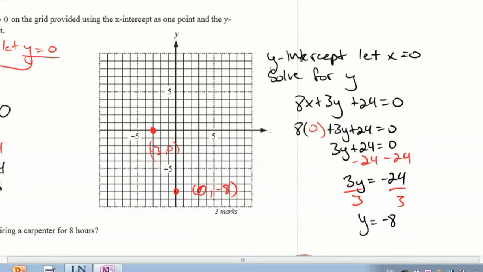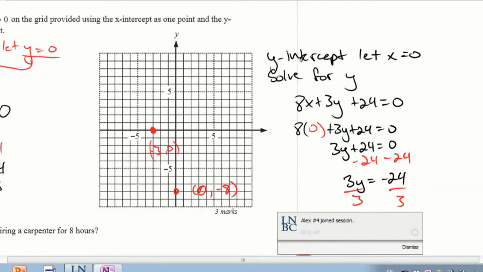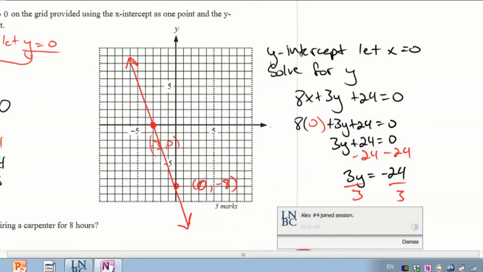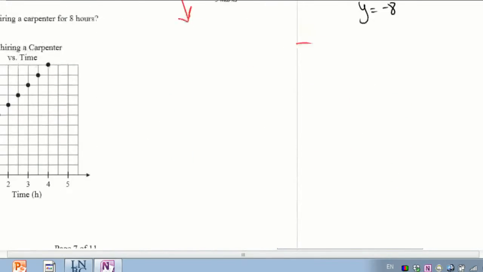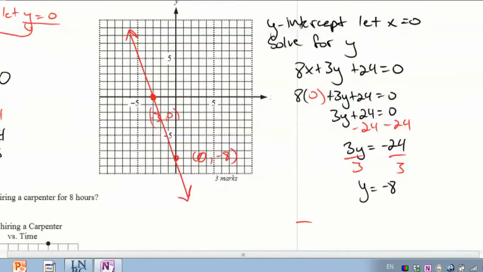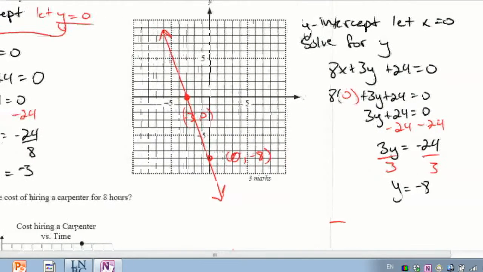I can connect them with a line. And there's the line that equation represents. Abby, this is on page 7 of the second half of the learning guide. This was question number 9.